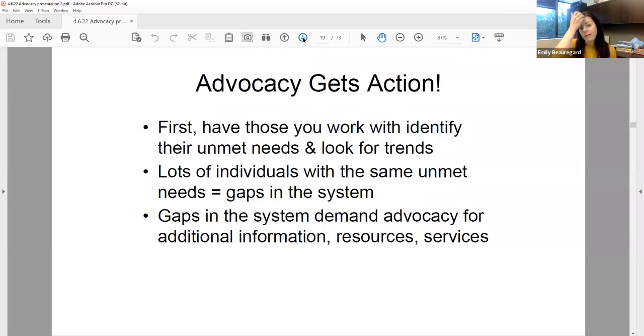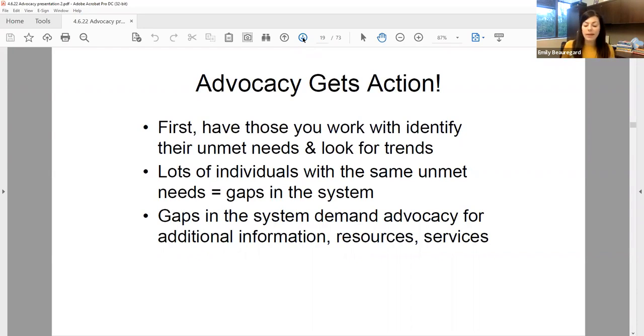So when we talk about advocating for systemic change, we're really talking about how we can change the entire system to eliminate barriers or discrimination for everyone. And to do that, we need to really understand what the unmet needs are. We need to understand where the disparities are, really find those gaps in the system.